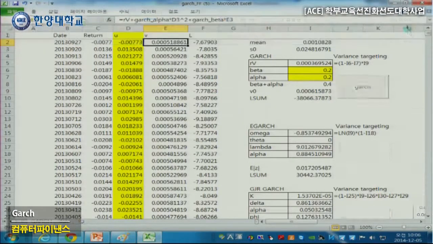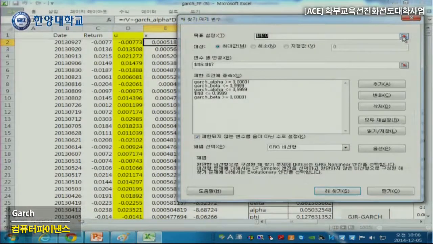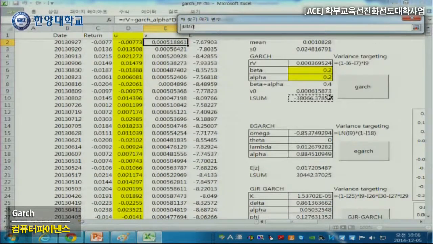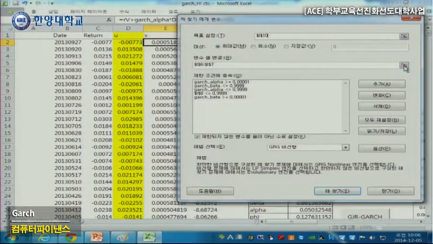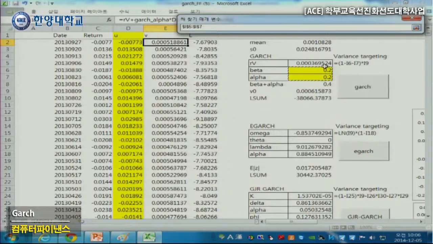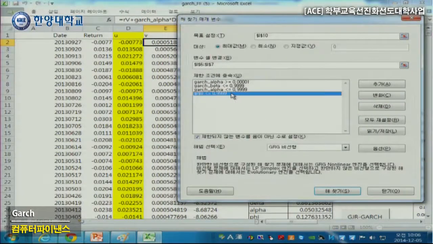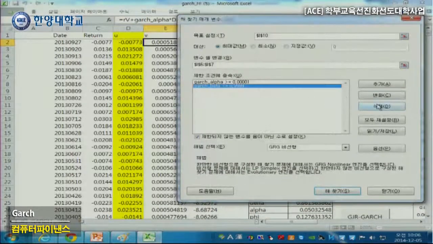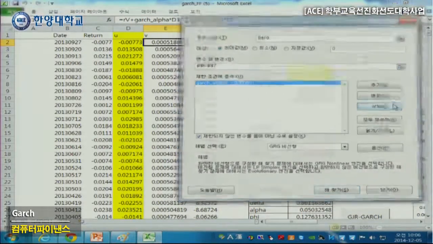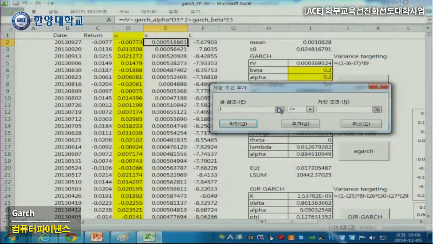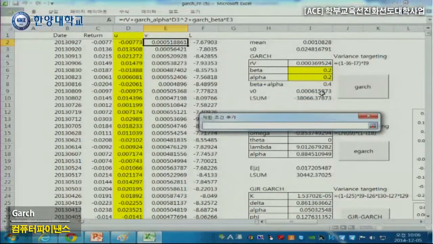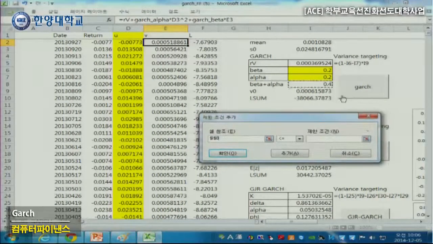We can open the Solver, and then we target this one. This is our target, and then I want to change this one. Okay, I did it for convenience, and then what I want to add is that I want to make sure that the sum of alpha and beta should be less than 1.